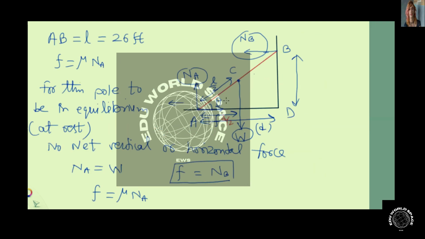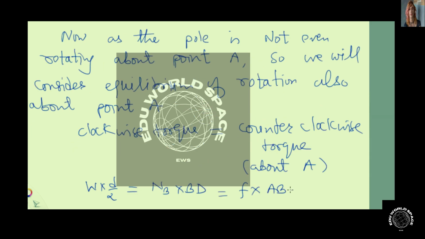If you look in this right angle triangle ABD, BD by AB, perpendicular by hypotenuse, is sine theta. So BD will be AB sine theta.